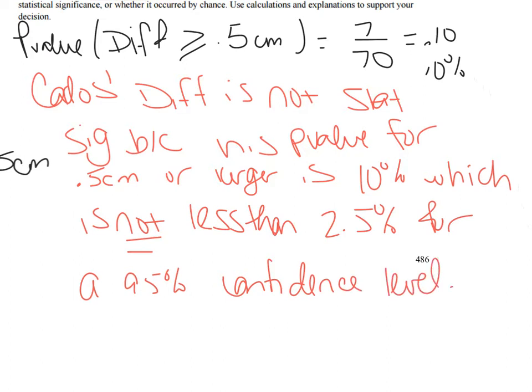To get full credit, you have to write all of this. It's not hard. It's going to be pretty much the same. And we have one more thing we want to state.